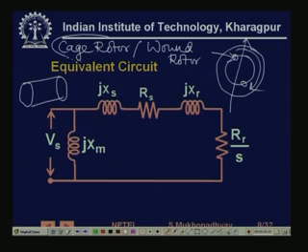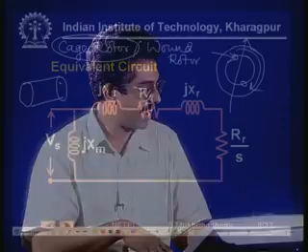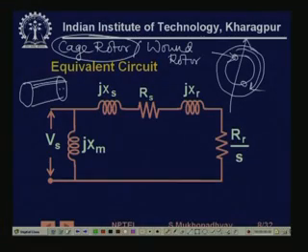In the cage rotor there are some bars embedded on the rotor, which are connected by what is known as an end ring. In the case of a wound rotor machine, the rotor also has slots and there is a coil wound. Whatever it is, there are some coils, right?